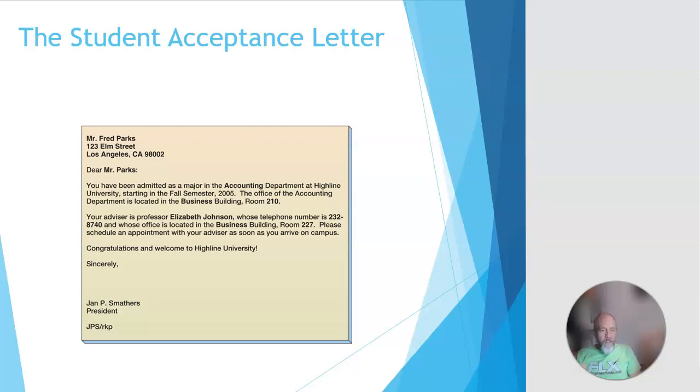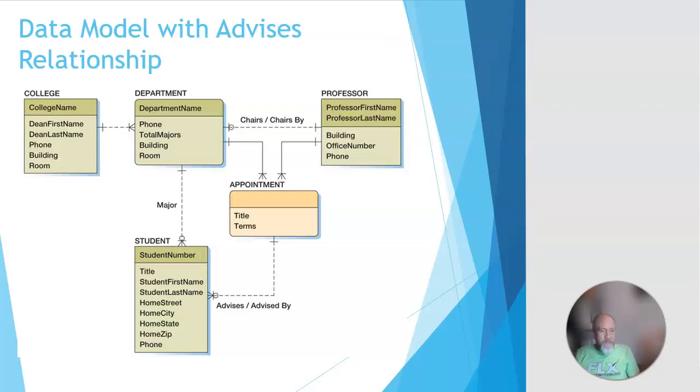"Starting in the fall semester 2005," that was probably going to be a variable. The office of the accounting department, variable, is located in the business building, variable. Room 210, variable. Your advising professor is Elizabeth Johnson, variable, whose telephone number is 2328. Okay, variables. I don't know if you can see very well which ones are bolded, but everything that's a variable is bolded. And how do you use that data? Well, you generate these types of letters.